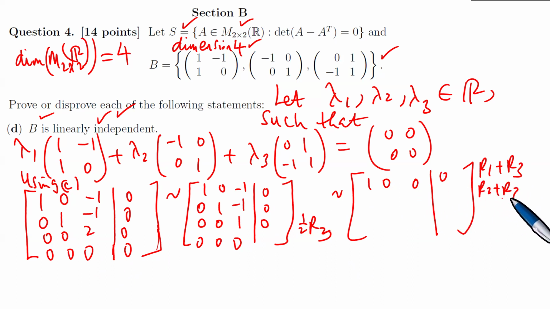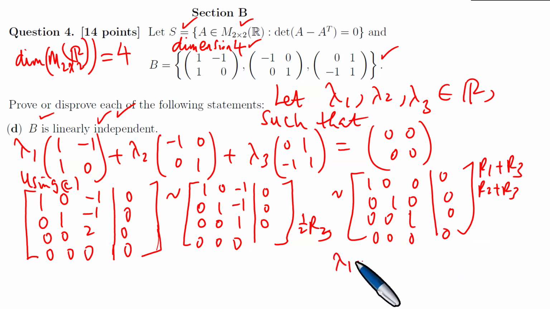Row 2 plus row 3 gives 0, 1, 0, 0, and 0, 0, 1, 0. And then 0, 0, 0, 0. So in the end you get to this, and this means that lambda 1, lambda 2, lambda 3 all equal 0.